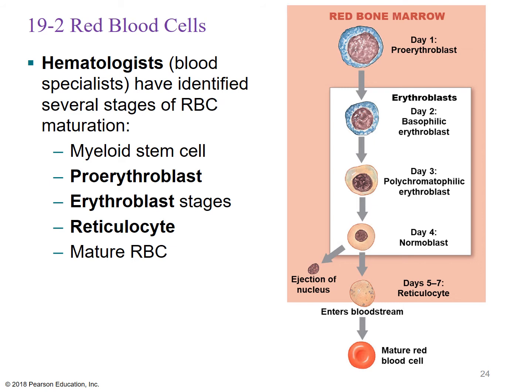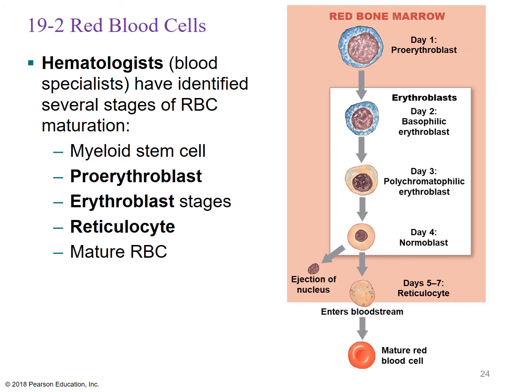Then we move into the erythroblasts: in days 2 and 3 we've got a normoblast by day 4, and then a reticulocyte on days 5 through 7. You can see here that as the reticulocyte, there is no longer a nucleus within the cell.